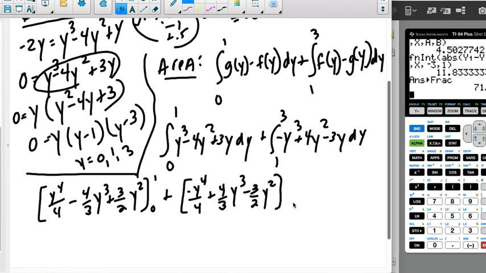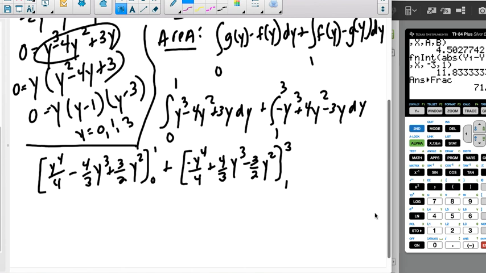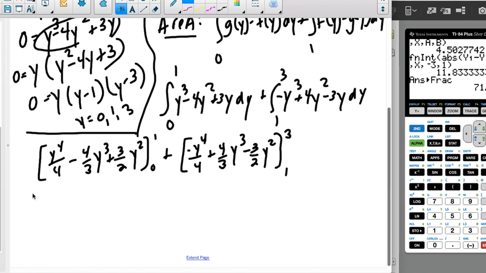And this one's really only awful, I would say, because the 3 makes it worse. 1s aren't awful, but the 3 is a little bit worse. So when I plug in this one, I'm going to get 1/4 minus 4/3 plus 3/2, right, minus a bunch of 0. And honestly, you might want to leave this as is, as long as you've verified it's positive, as long as you feel comfortable that you did subtract in the right order, because some of those values are going to cancel probably when I do the other half.